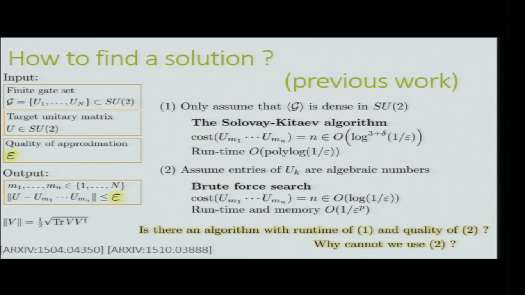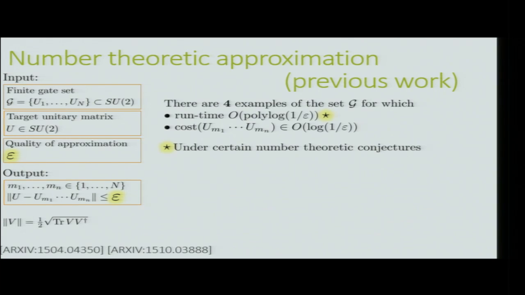Right? I will show you real numbers for this in a couple of slides. Also, in previous work we're given four examples of this set G, for which the runtime is polylog 1 over epsilon, and the cost of approximation scales like log 1 over epsilon.